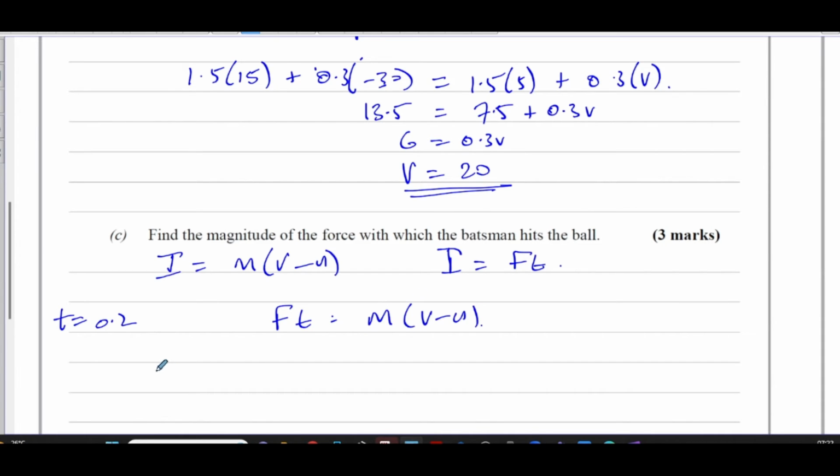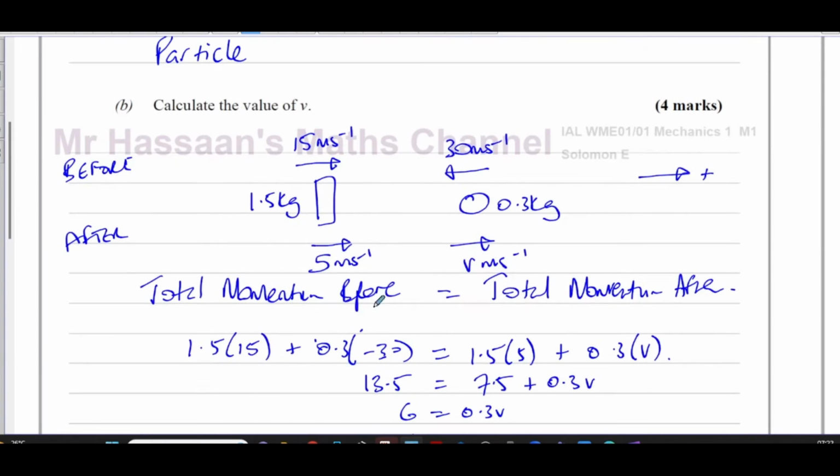We can use the ball or the bat. Because we already have, for the bat, the velocities before and after the collision, it's most sensible to use the bat's data rather than the ball's. In case we made a mistake with this V, that mistake would carry on to the next question, and because we can calculate it without that mistake, we won't have a carried-on error.